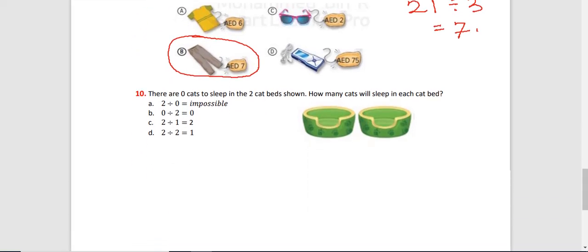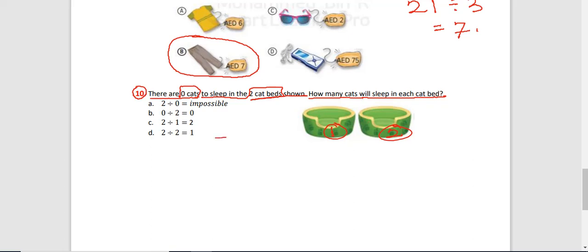Question number 10, the last question. There are 0 cats to sleep in the 2 cat beds shown. So there are 2 cat beds shown, 1 and 2. How many cats will sleep in each cat bed? Very easy. The question says 0 cats to sleep.